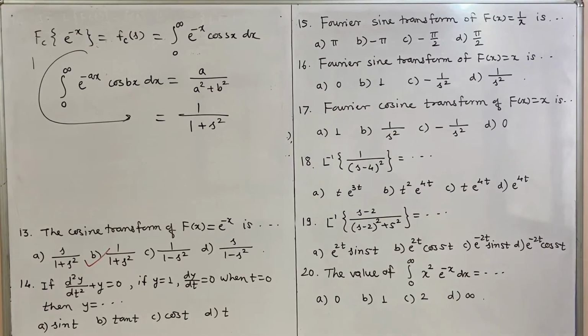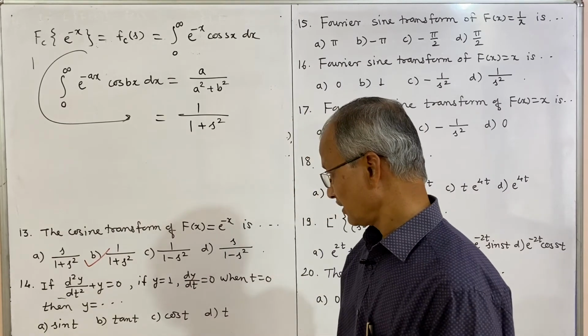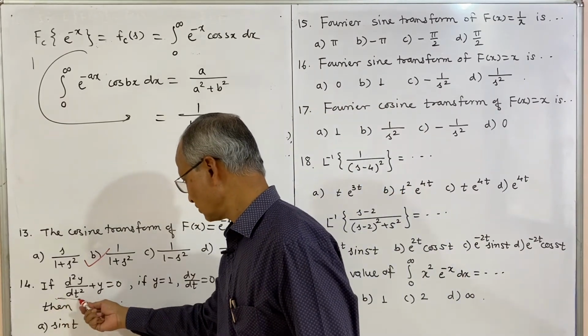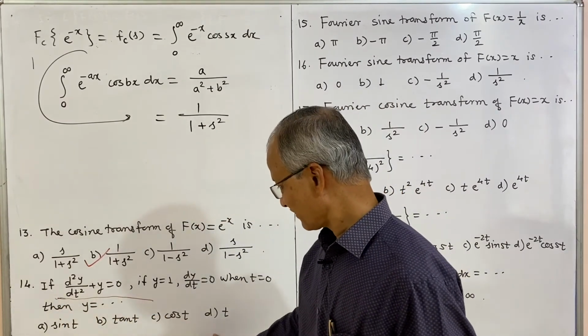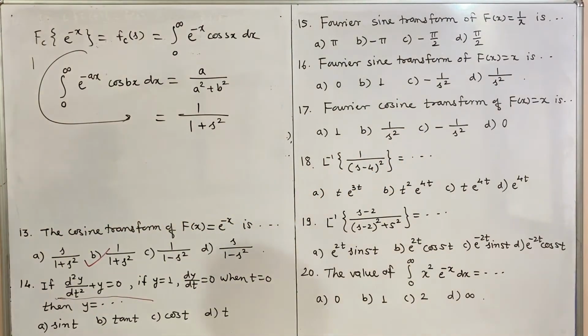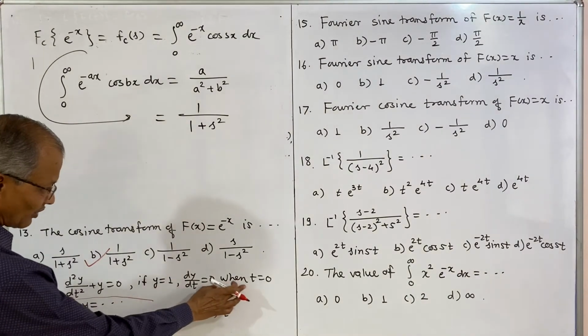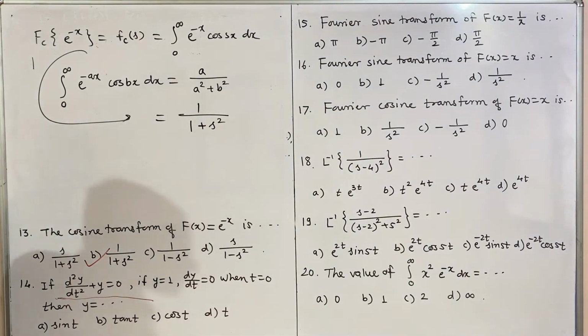This differential equation is given, and we have to solve it using Laplace transform, but the answers are given here, so we only need to verify which will be the answer. That value of y must satisfy the differential equation, and it should also satisfy these initial conditions.